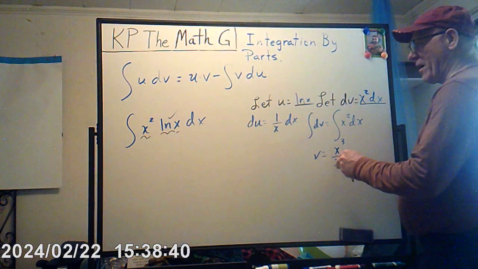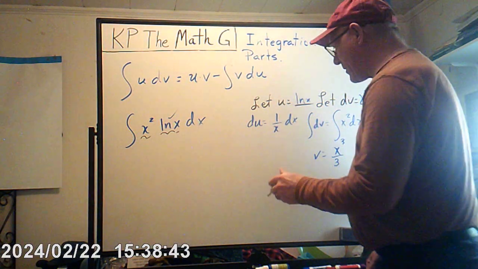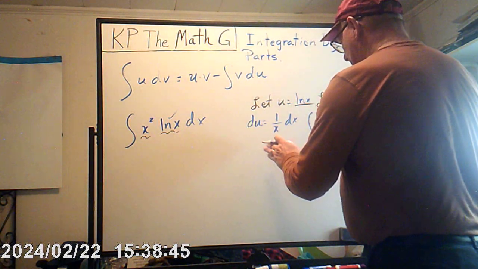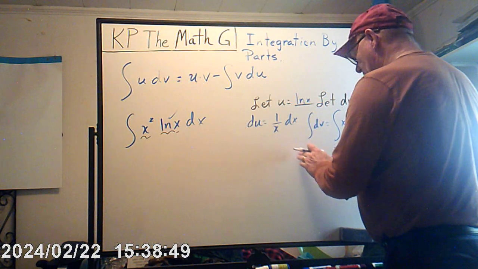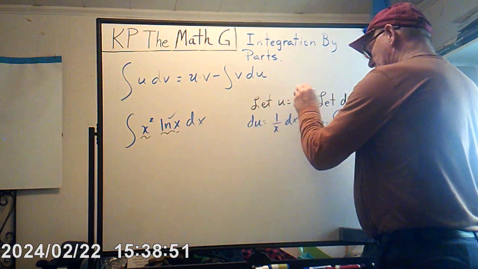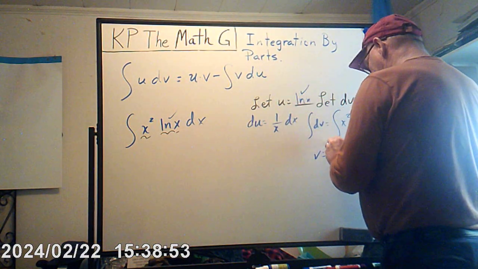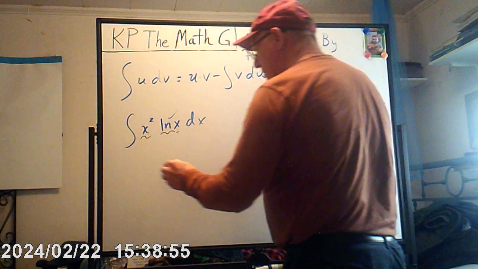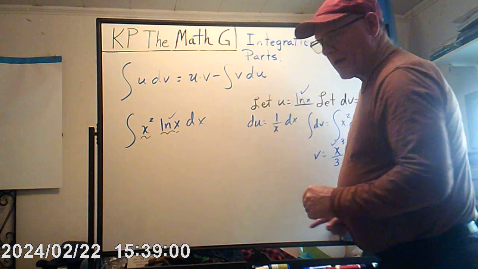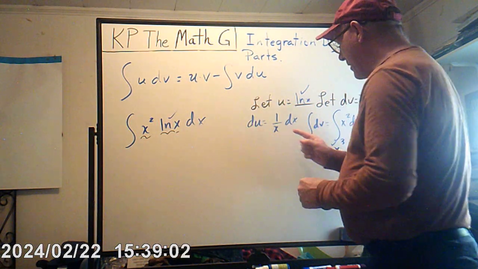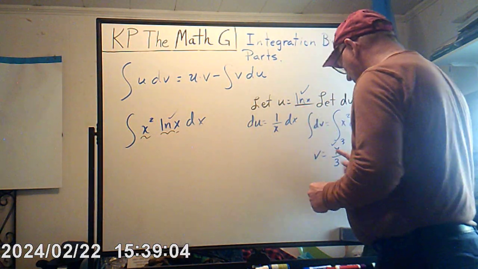Alright, so let's follow the directions here. I've got u is ln x and v. So I can do u times v. I like to put the variable in front of ln; I don't like to put ln first.